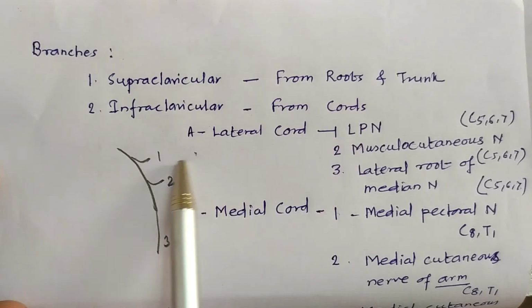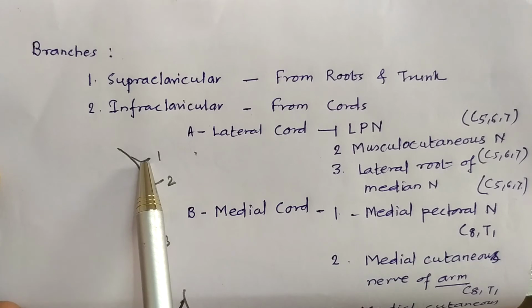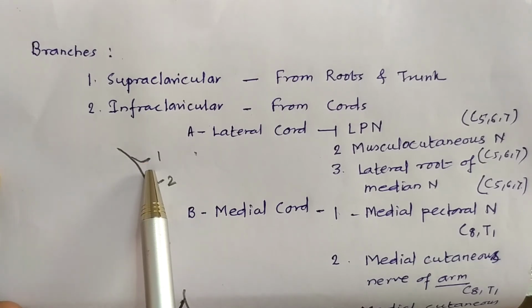Lateral cord gives three branches: the lateral pectoral nerve, it pierces the clavipectoral fascia and supplies both the pectoral muscles, that is pectoralis major and pectoralis minor.